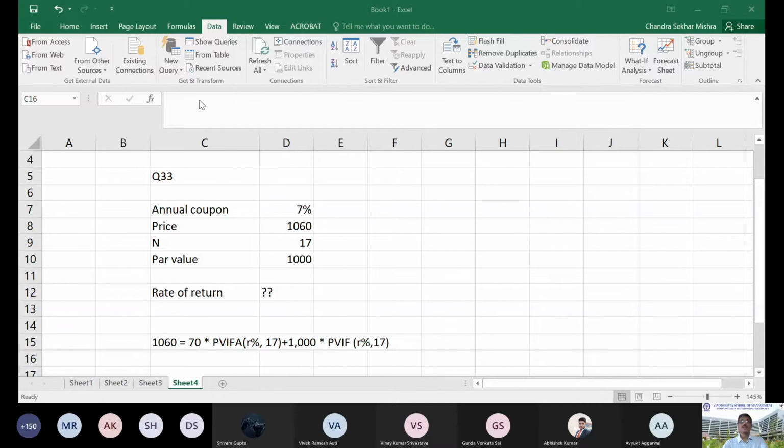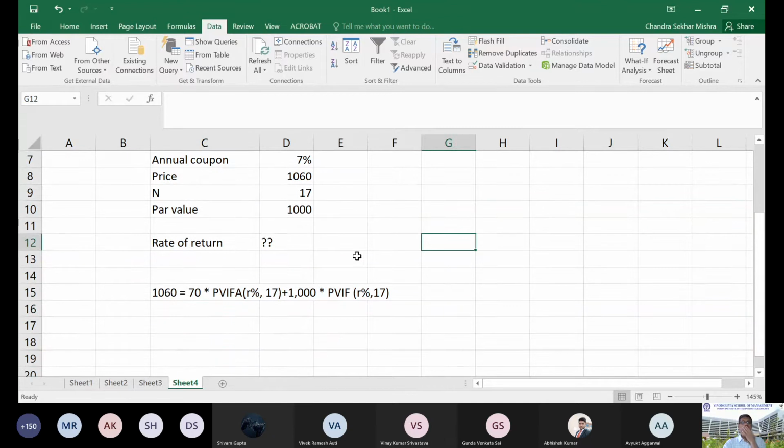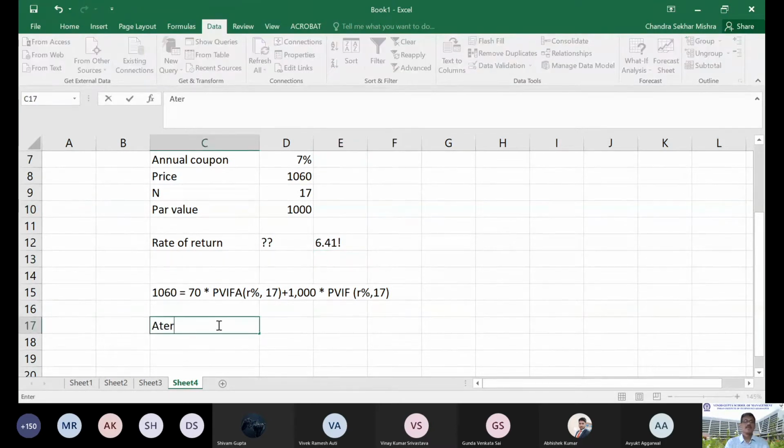Otherwise, how do you do that? Please try on your own. So rate of return is given 6.41%. That is your yield. Okay. Now what is the question here? The question is, 2 years from now, after 2 years, YTM falls by 2%.